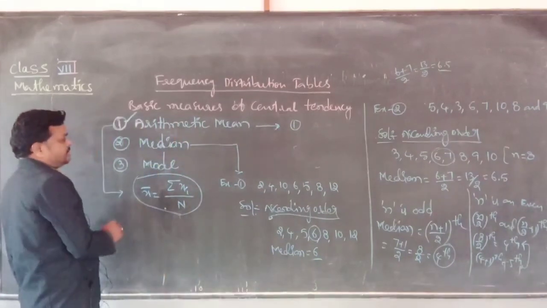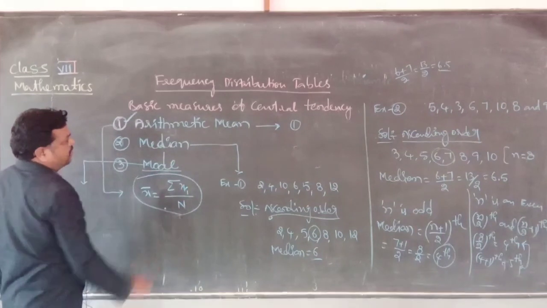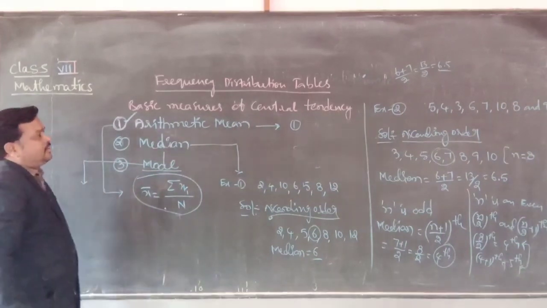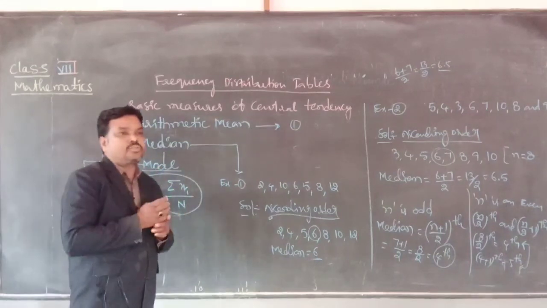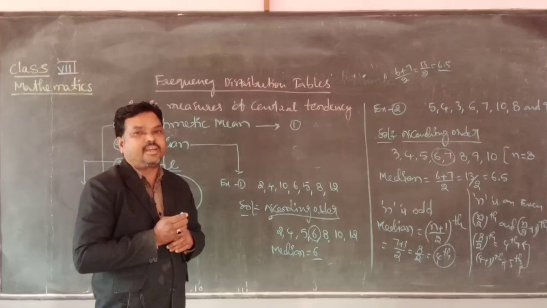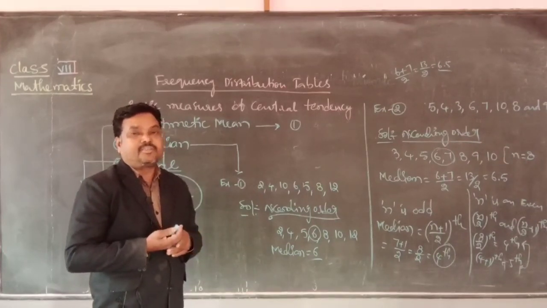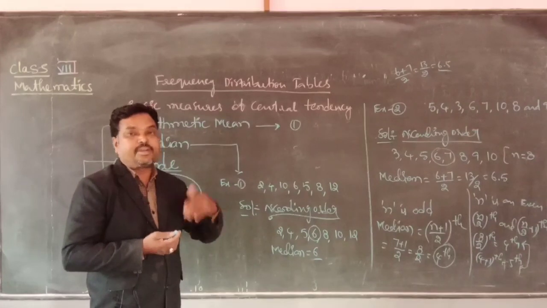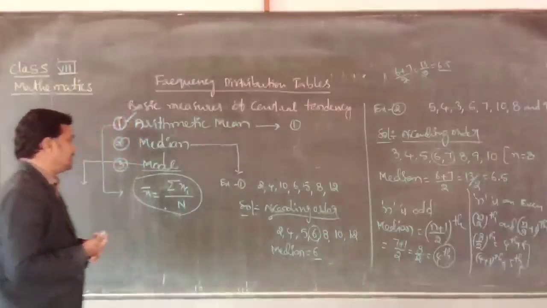The next is mode. What is the meaning of mode? It is a measure of central tendency. The value that occurs most frequently in the data is called the mode. Generally we can say that the observation which is repeated more times is called the mode of the data.